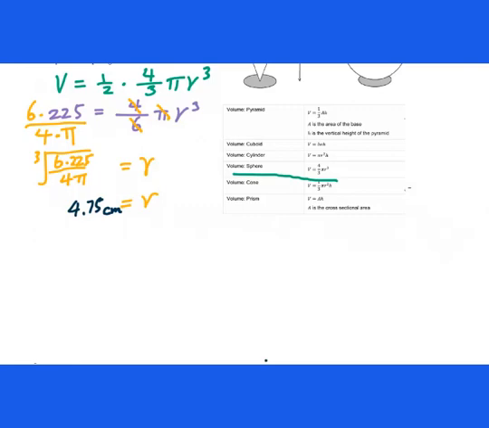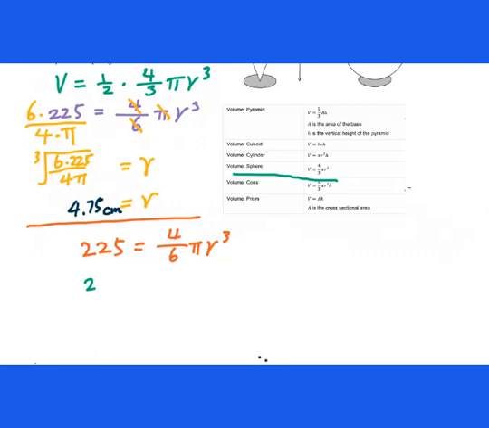Now, I will show you how to use the graphing calculator equation solver to solve for this r. First of all, you have to change into zero format. So we have 225 equals 4/6 pi r to the third power.